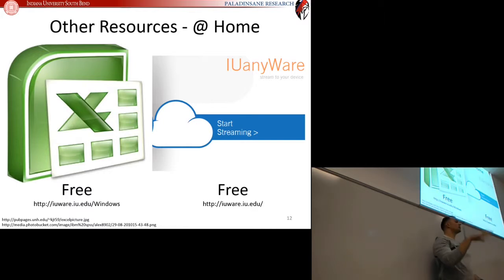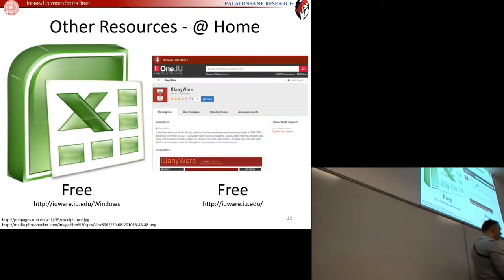Because if you do install SPSS, if you go to IUware, you can download the SPSS installer. You can install it on your computer. You will get a 2-week trial, and then you will have to pay a subscription fee. That's not what you need to do. If you want that, you can go that route, but you do have a free access option. I just want to make sure you're aware of that. And we'll go through how to get to that today.